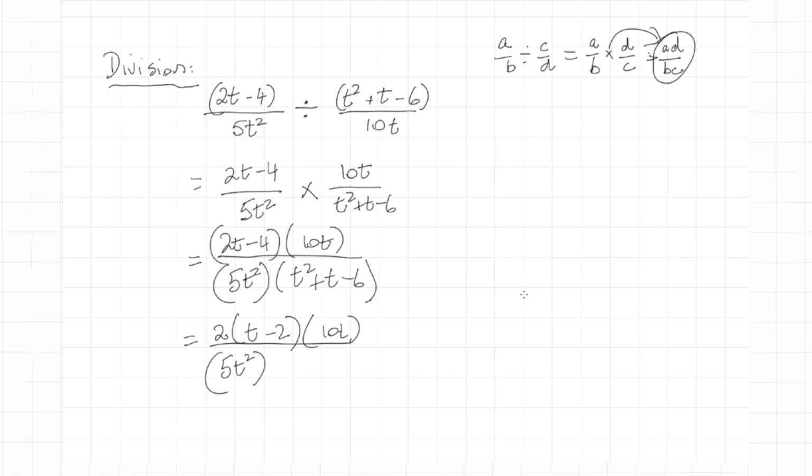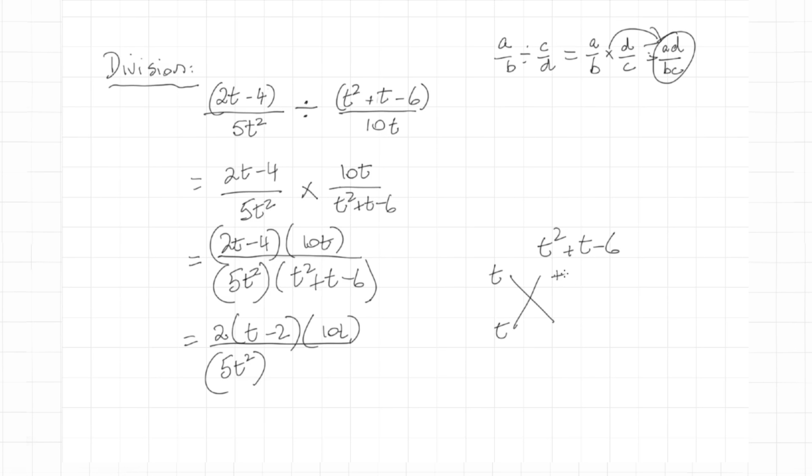And we've got a trinomial here, so we're going to try and use our knowledge of factorizing quadratics with the cross method. Factors of t squared are t and t. And then factors of -6. So we've got -3 plus 2. -3 plus 2 is going to give us a -t in the middle, which is not what we want.